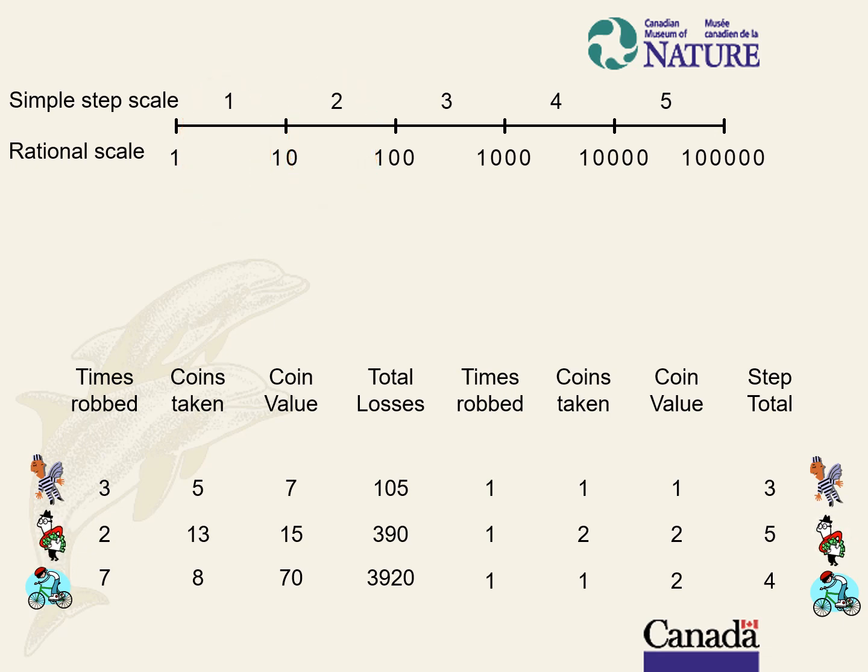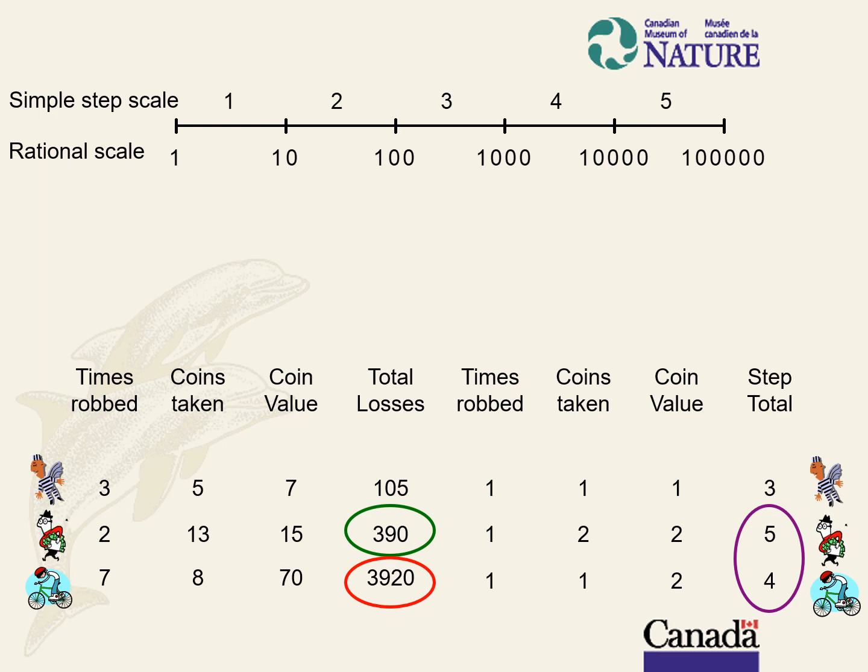Now, let's see how these two ways of calculating the risk work out. Here we see the running thief is going to get 390 denarii over the year from George. The bicycle thief is going to get over 10 times that much, almost 4,000 denarii. Now, the simple scales, however, show that the running thief we expect to be the bigger problem.